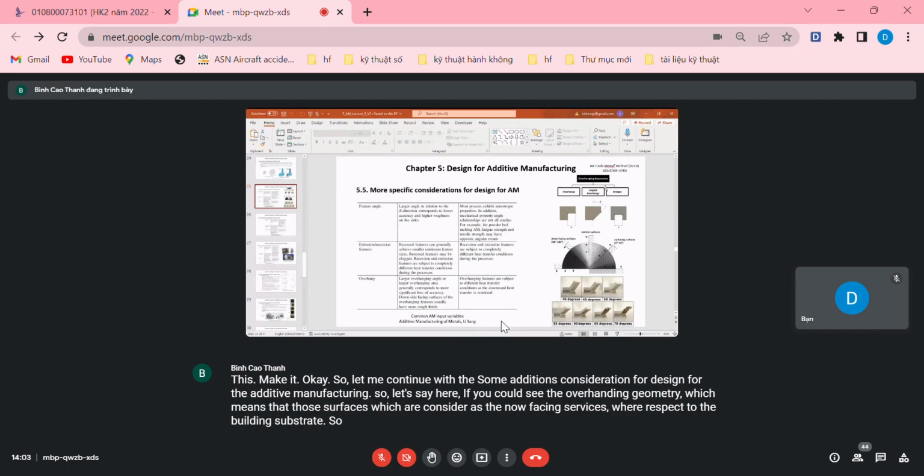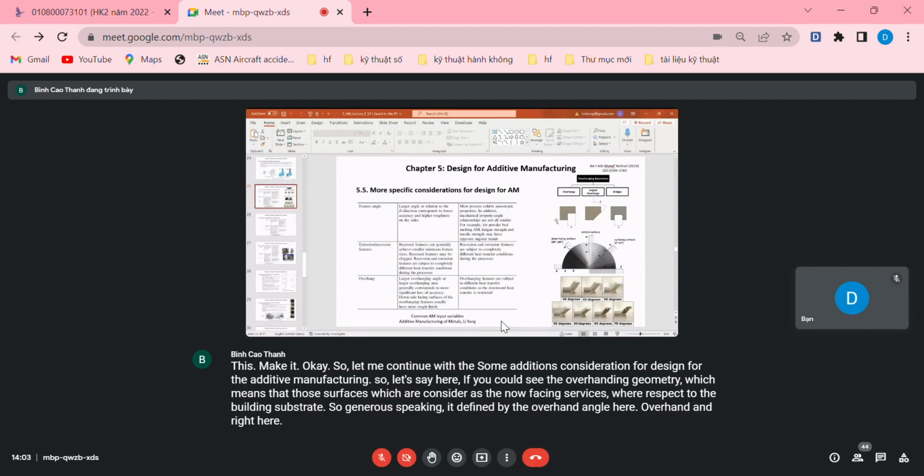Generally speaking, it is defined by the overhang angle here. So this can be overhead, or this can be the bridge, or defined with the overhang angle.